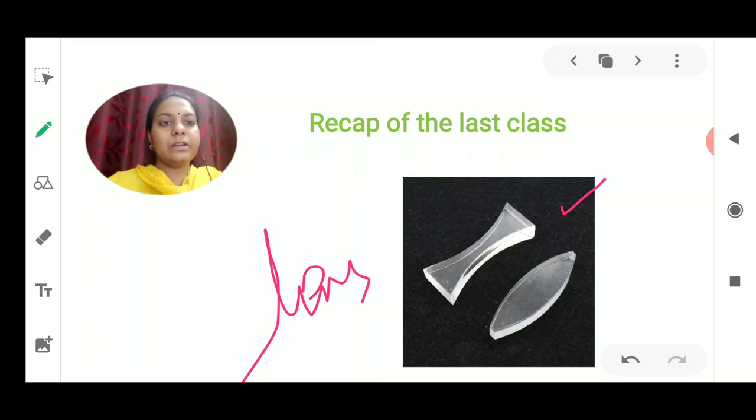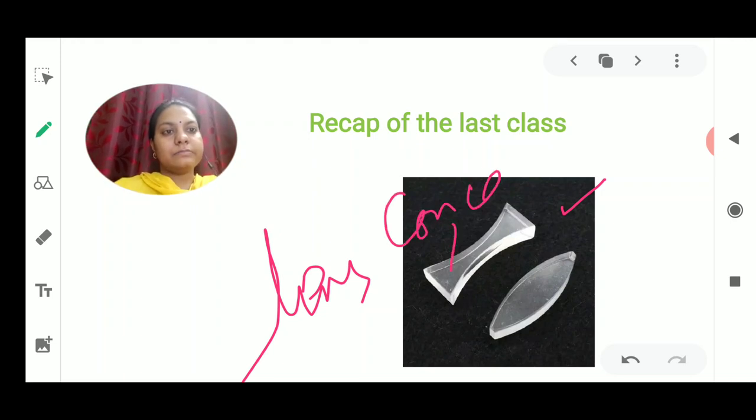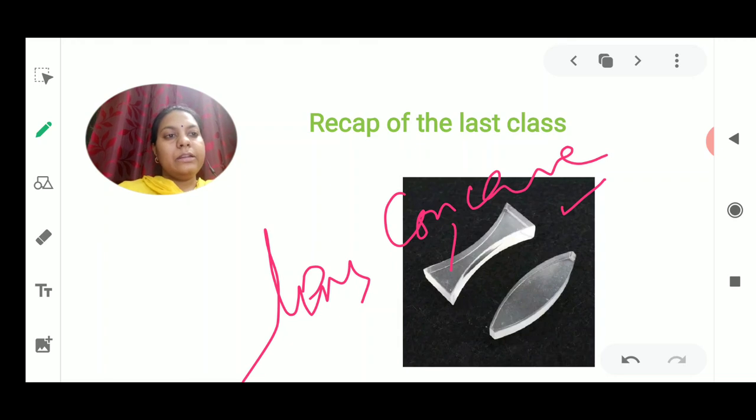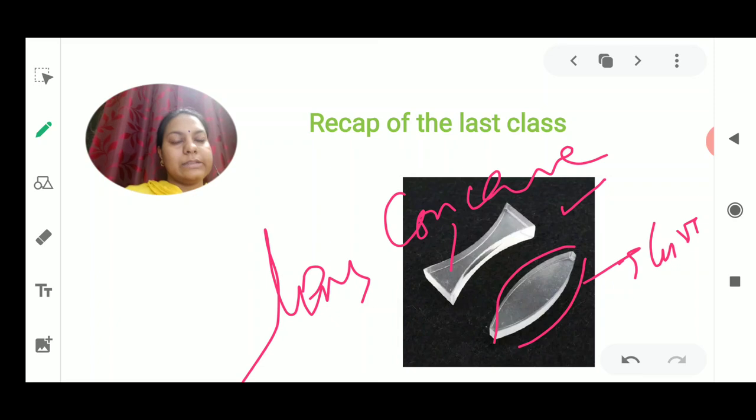When the lens has curved surfaces inwards, it is known as a concave lens, and if the curved surface is outwards, it is known as a convex lens. So we have seen in detail about these two types of lenses, the concave and the convex lens.